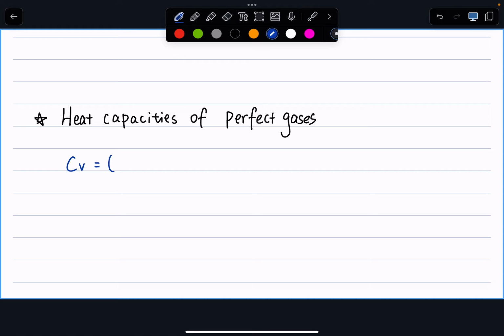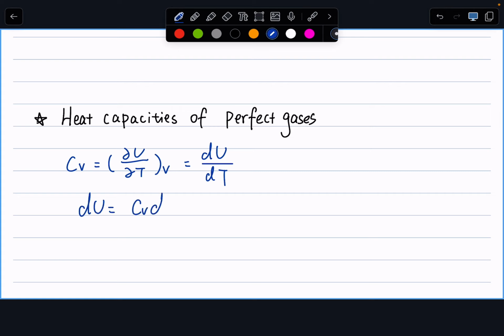My isochoric heat capacity, which is a partial derivative of U over T at constant V, is now independent of volume. For ideal gases, we can rewrite it as a normal differential, du over dt, or you can put it as du equals Cv dt for a perfect gas.